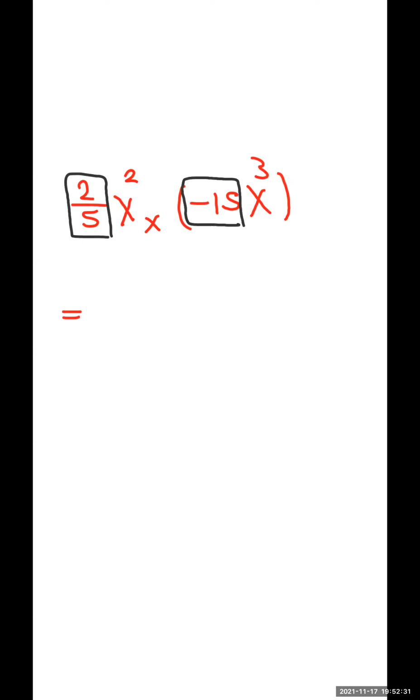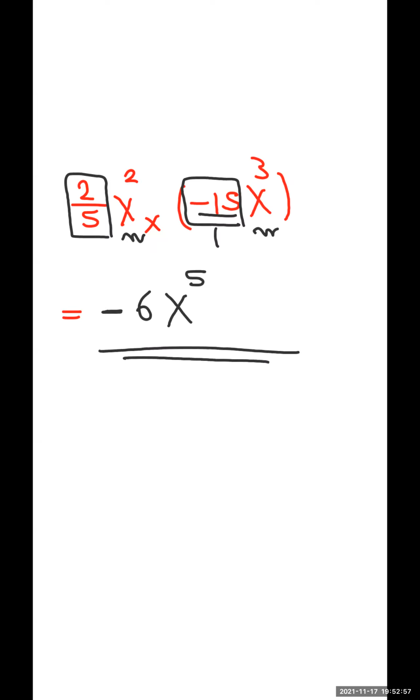This is the first point: positive times a negative means a negative, of course. Then 2 times negative 15, this is a whole number, so it's negative 15 over 1. So it's negative 30 over 5, so negative 6. Then x power 2 times x power 3 will equal x to the power 2 plus 3, 5. That's it. Okay.